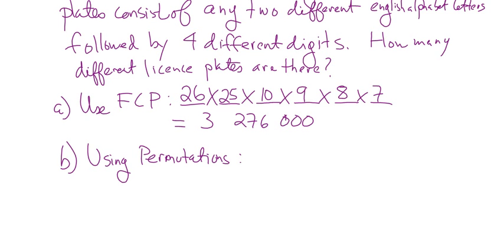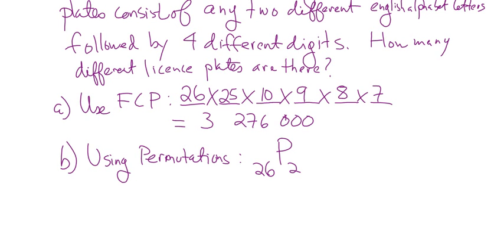How many letters are there in the alphabet and how many of them do I need? 26, so I need all the arrangements of 2 letters from a set of 26 letters. That's 26P2. I have 26 objects, letters, of which I need 2.